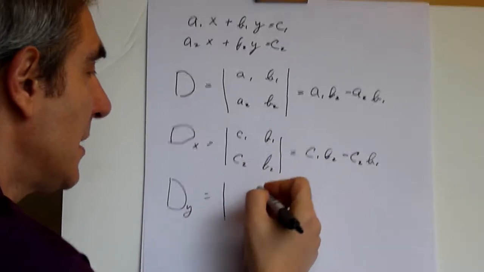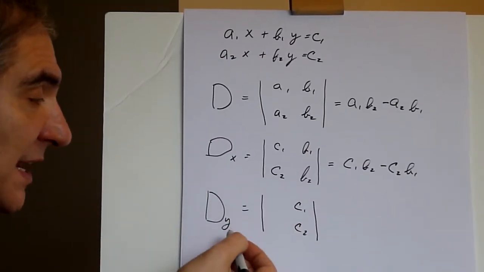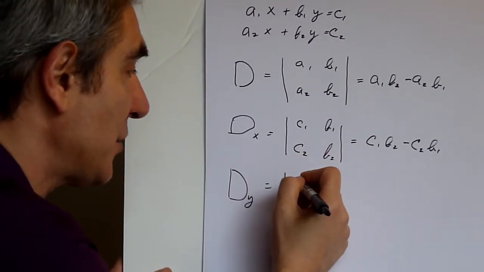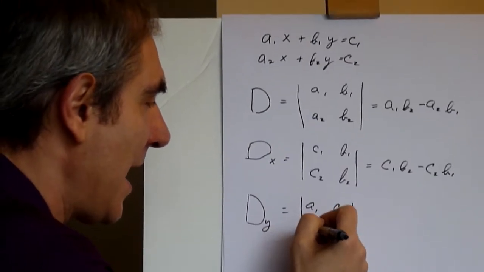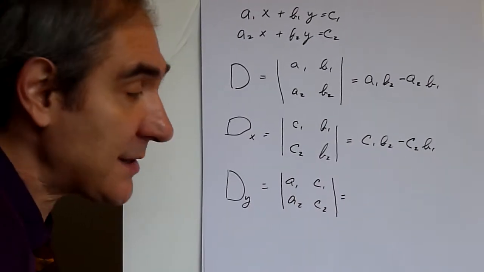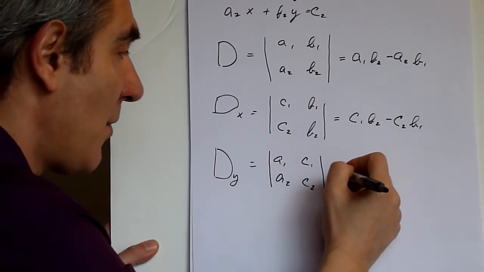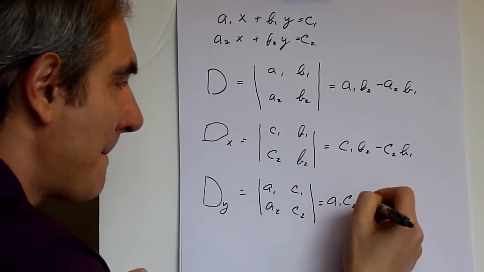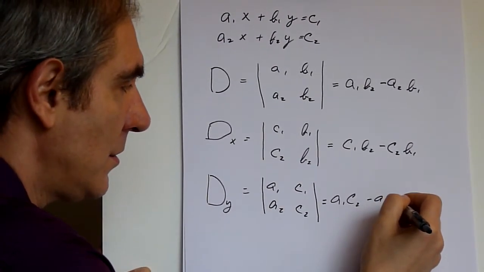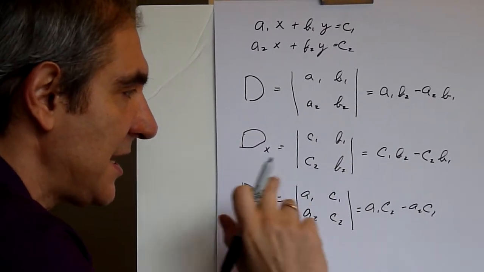Since we're dealing with the y's, we leave the x coefficients exactly as they were, A1 and A2. Finding the determinant of this 2 by 2 matrix, it would be this product minus this product: A1 C2 minus A2 C1.